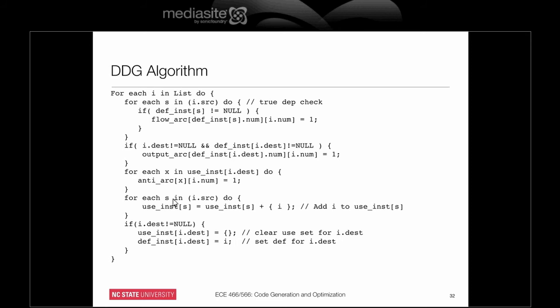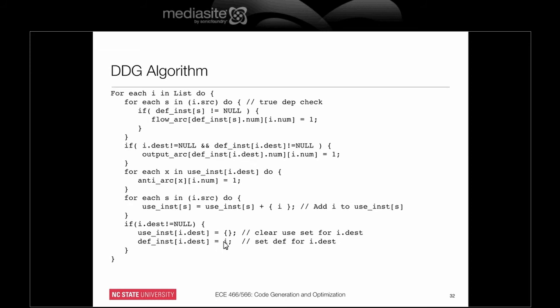For every register used by the current instruction I, we add it to the usinst list so that we can track future antidependencies. And then if the current destination register is not null, then we clear the used instruction list for this register, and we set the defining instruction for this register, i.dest, to be this instruction.